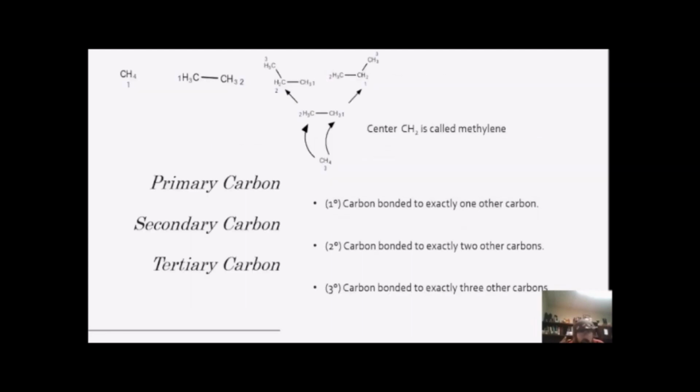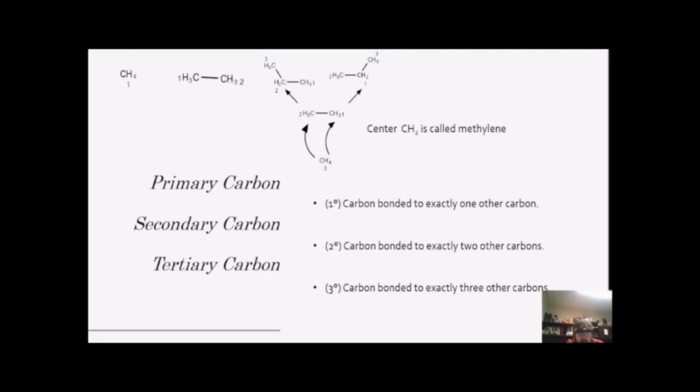When we talk about methane, there's only one way to arrange those atoms. Not really complicated. Ethane, there's only one way to arrange those atoms. You just combine carbon 2 to carbon 1. But when we get to propane, suddenly there are 2 different ways to combine that.